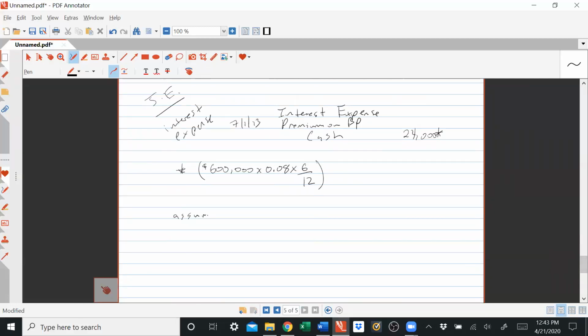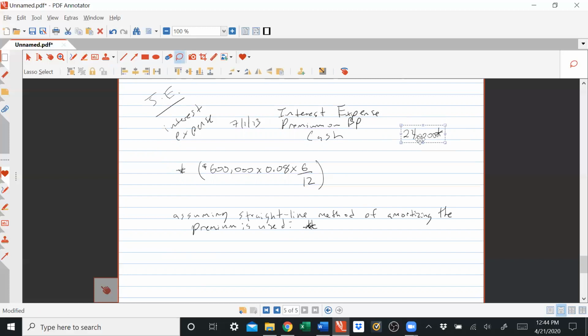So assuming the straight line method of amortizing the premium, or reducing the premium, this number here, which I'll double star, would be calculated.